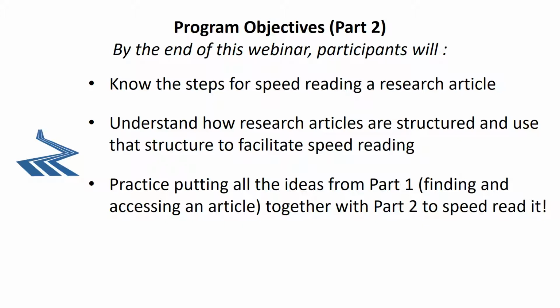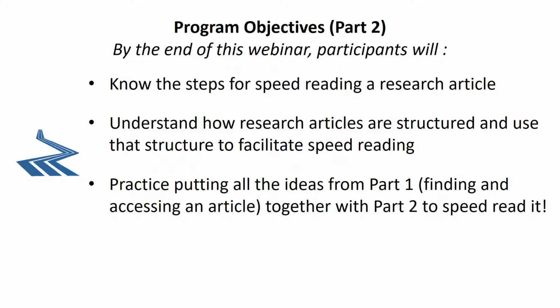So you're like a voyeur, and I'm inviting you to see this presentation now, first through your beginner's mind eyes, that is, focusing on the objectives for this presentation, and let me review those very quickly. By the end of this presentation, you're going to be able to know the steps for speed reading a research article.